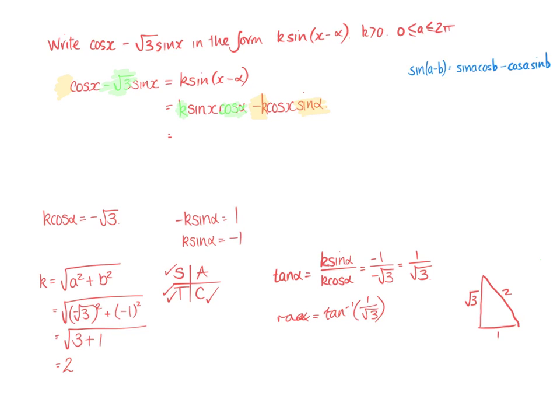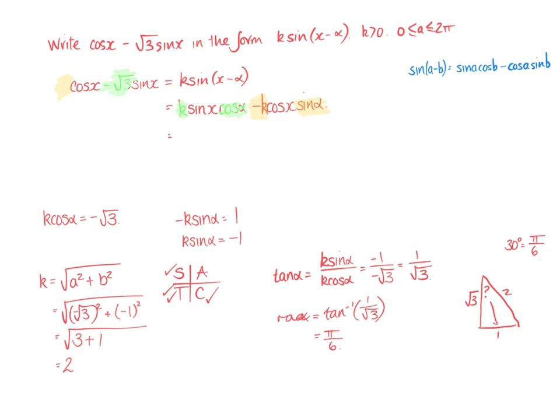So tan is opposite over adjacent, so it's got to be this angle in here. So we know that that would be 30 degrees, but 30 degrees is how many radians? Okay, so if you think about it, how many 30s can we fit into 180? We can fit 6, so it's pi divided by 6. So our relative acute angle is pi over 6.